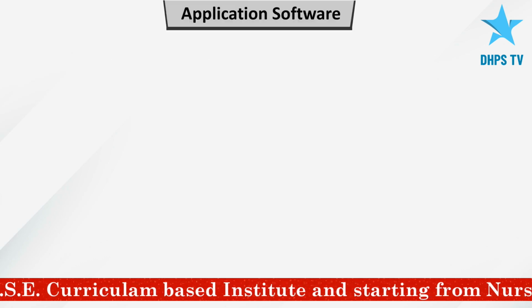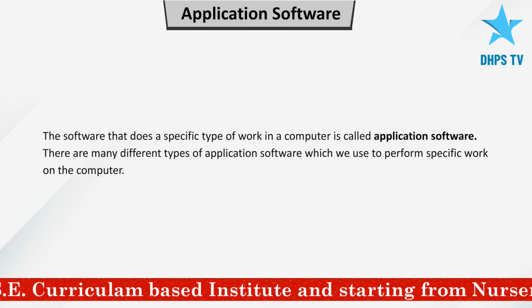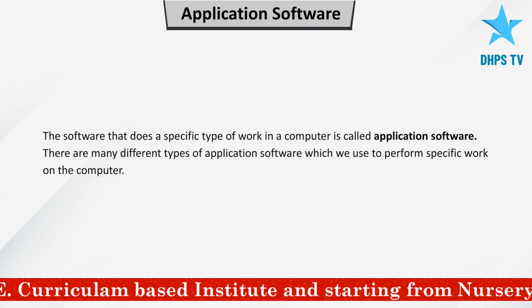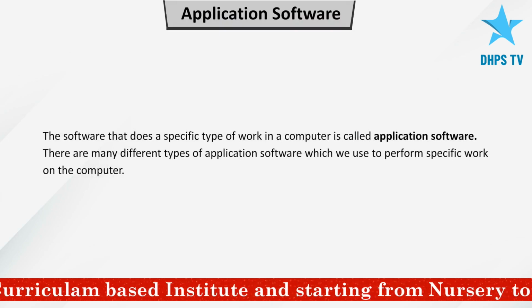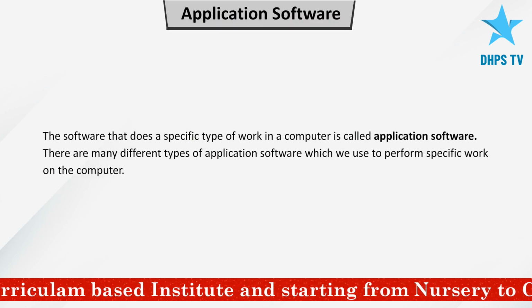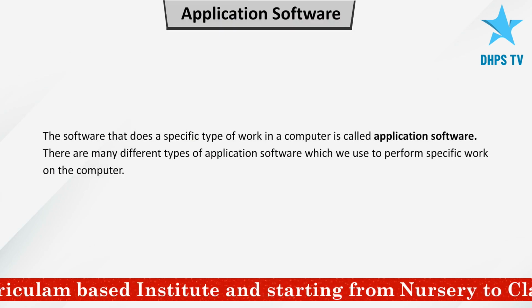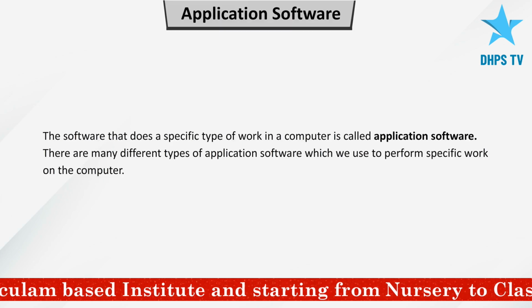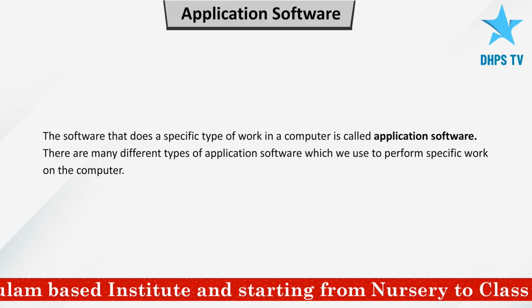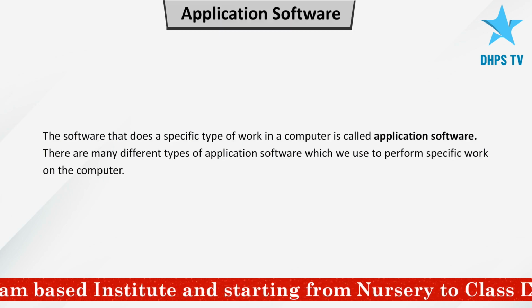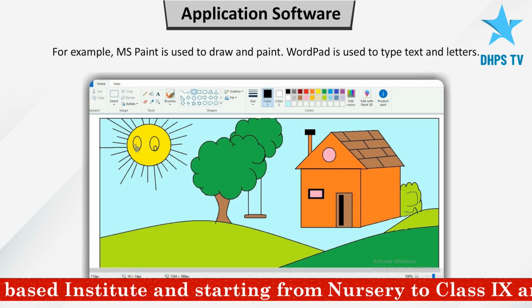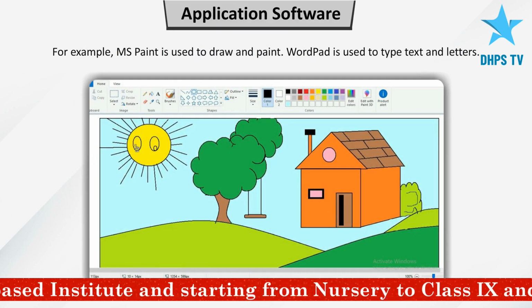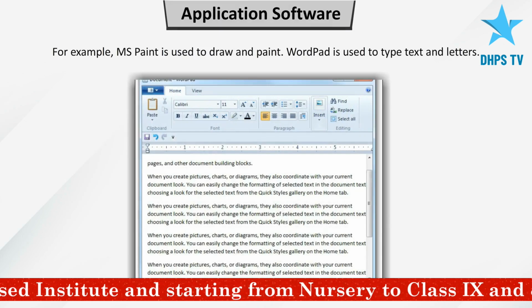Application software. The software that does a specific type of work in a computer is called application software. There are many different types of application software which we use to perform specific work on the computer. For example, MS Paint is used to draw and paint.